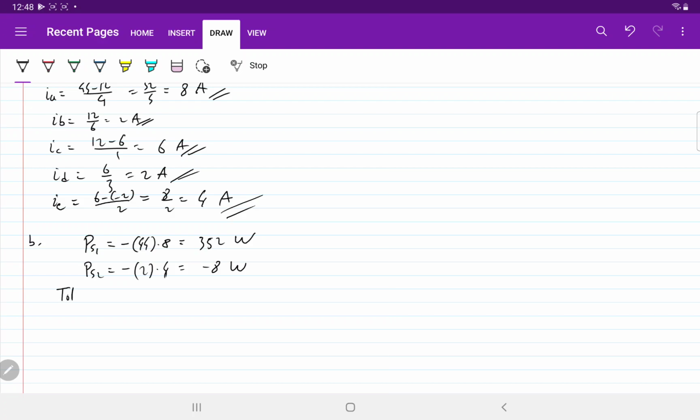So the total generated or developed power is, sorry, this will be minus, so minus 352 plus minus 8 is minus 360 watts. Since I said here that generated power, then I should eliminate the sign, so just like that.